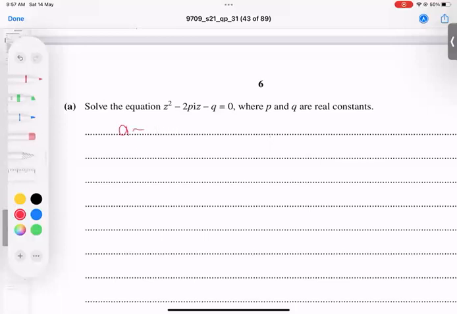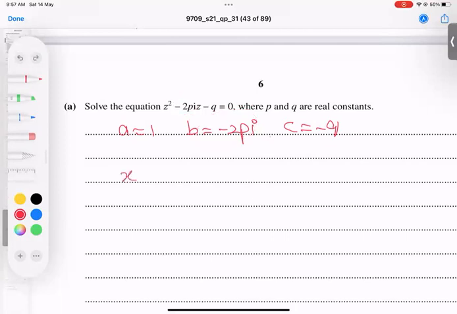The A value is confirmed as 1. The B value is negative 2p iota. And the C value is negative q. Z is our variable, because this is a quadratic equation in Z. So my negative 2p iota is my B value.